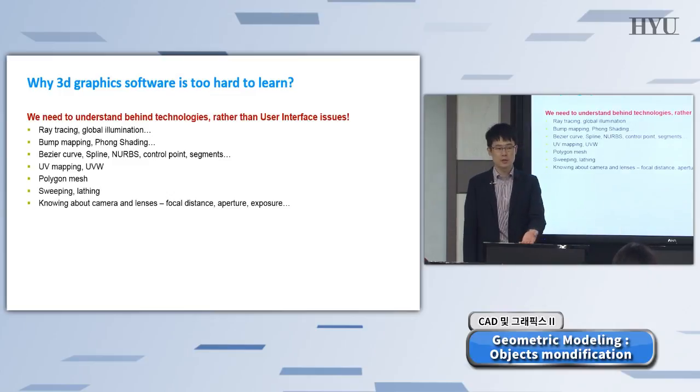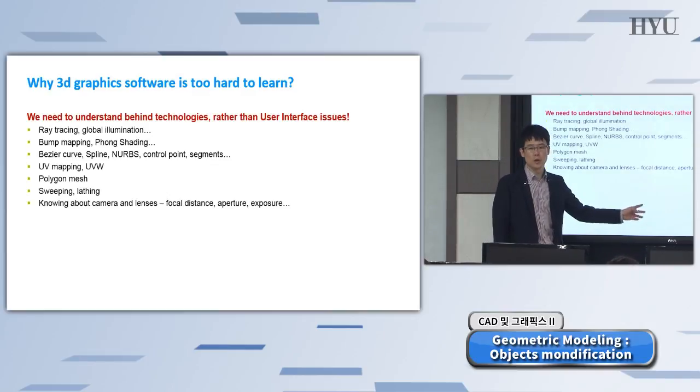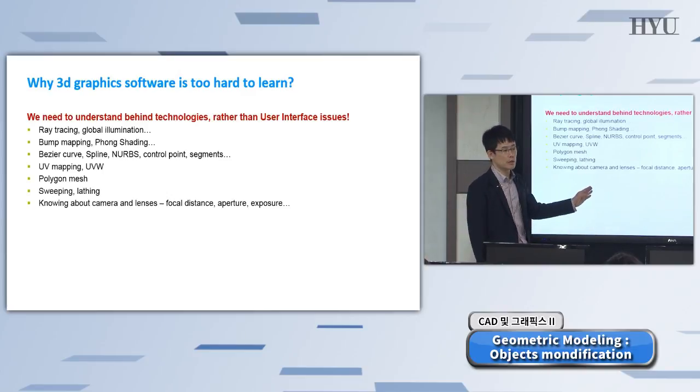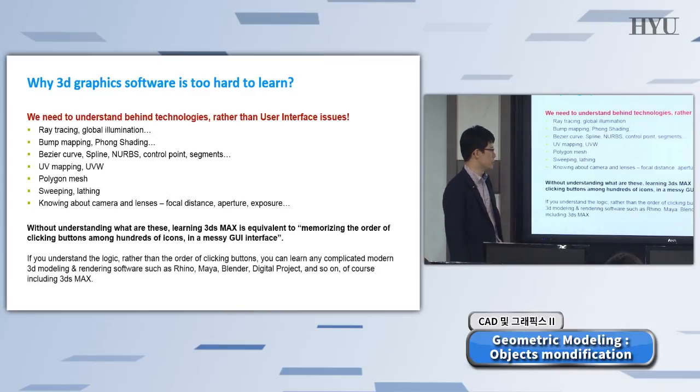What you need to know is its interface, okay, from YouTube or a web tutorial. Just 1, 2, 3 hours is enough. And then you can learn any kind of different complicated 3D geometric tools.